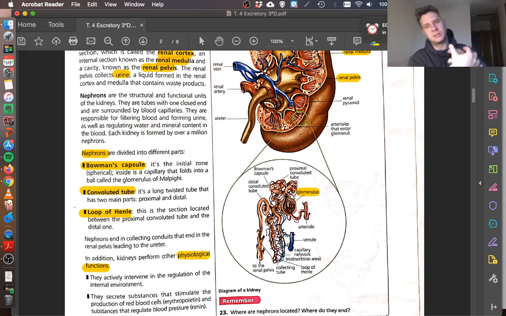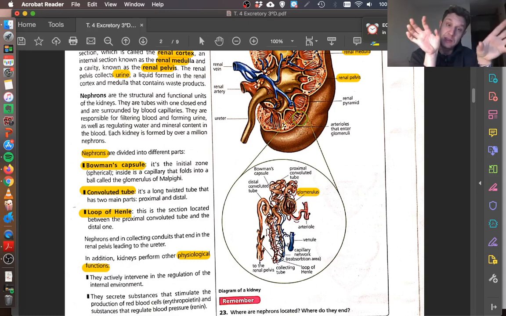And Bowman's capsule is filtering, really close to this arteriole, and is absorbing all the internal liquid. Do you remember the internal liquid that surrounded the cells?